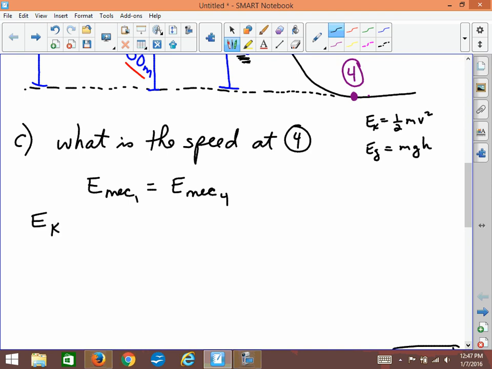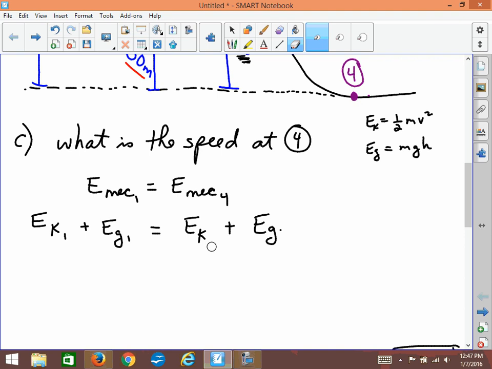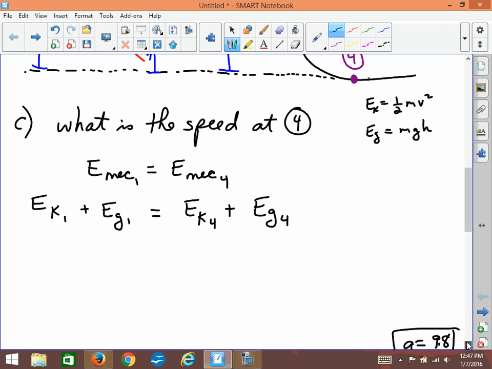So the kinetic energy at position 1 plus the gravity energy at position 1 equals the kinetic energy at position 4 plus the gravity energy at position 4, not position 2, position 4, my mistake. Okay, 4 and 4. And we do the same thing again.